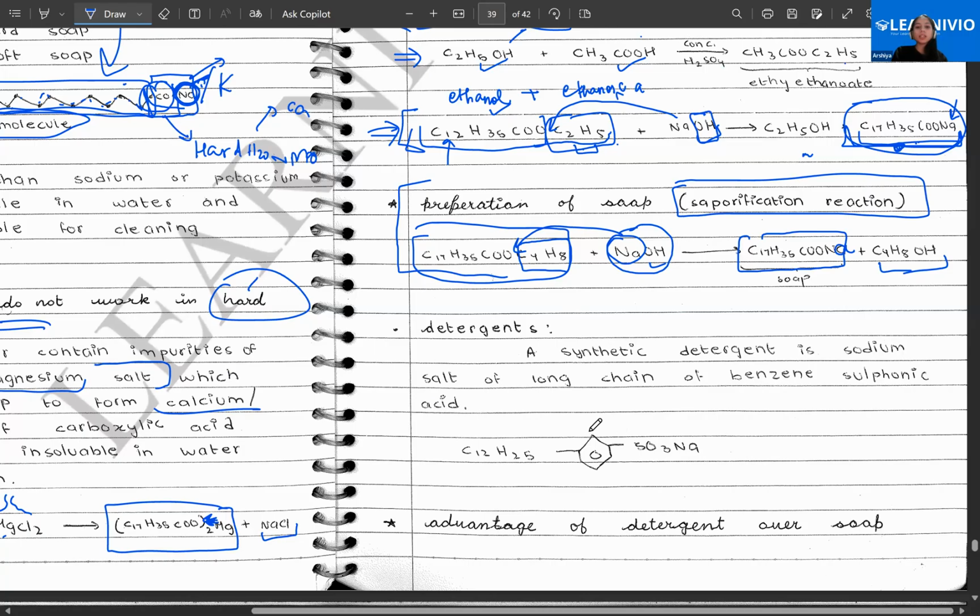This is the benzene and sulfonic acid. So here there's a long chain of carbon, and on this carbon the benzene is attached, and on this benzene we have sulfonic acid. Okay, sulfur and sodium. So this is the sulfonic acid.